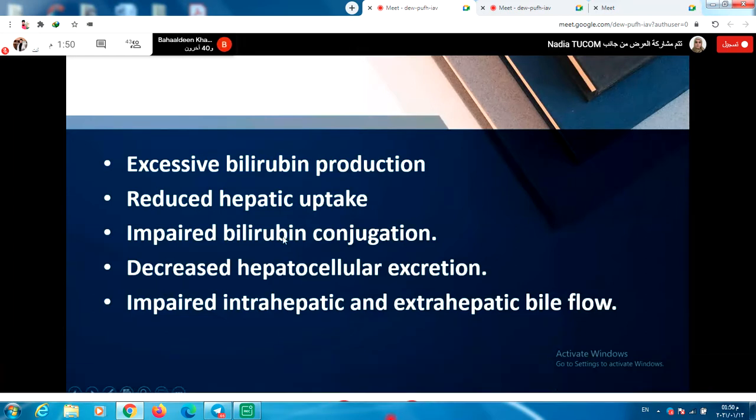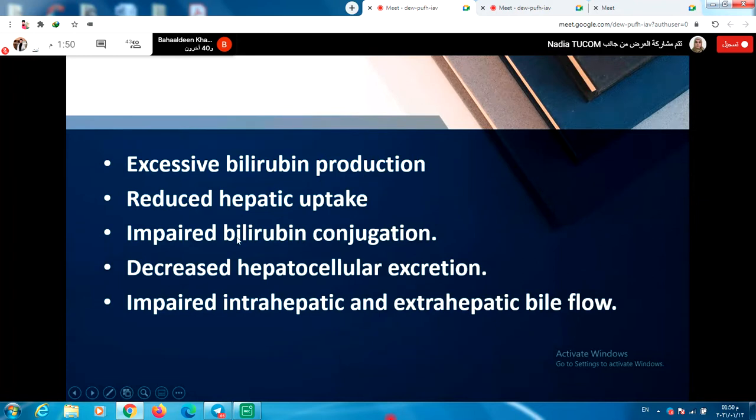These enzymes in the hepatocyte are converting indirect bilirubin into direct bilirubin, soluble bilirubin. The process of conjugation here is impaired due to genetic or hereditary deficiency, either absolute deficiency of conjugation enzymes or partial deficiency of conjugation enzymes.